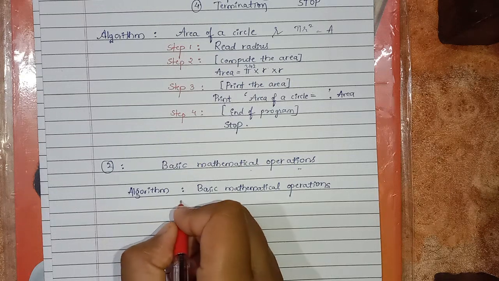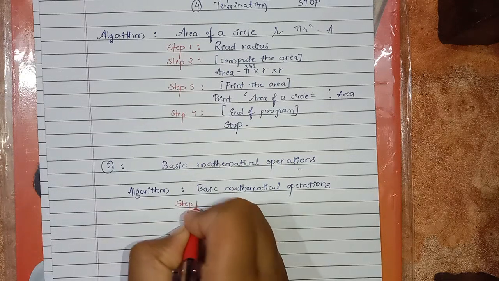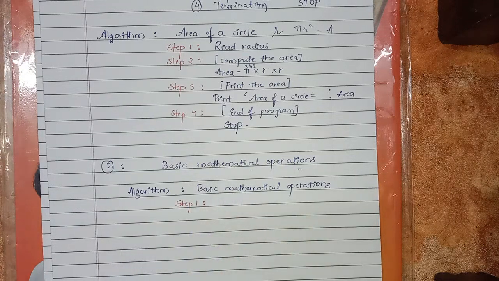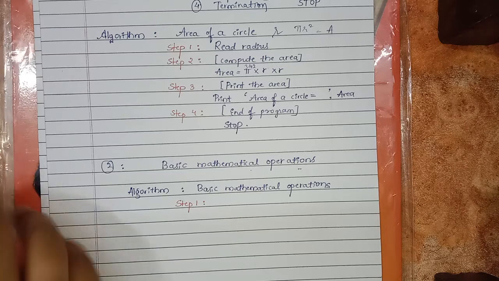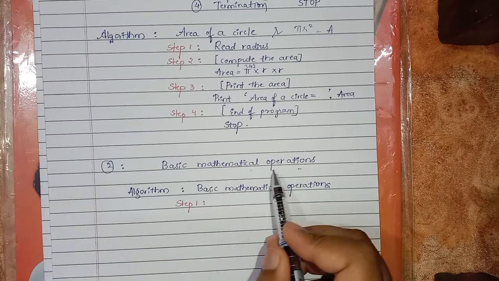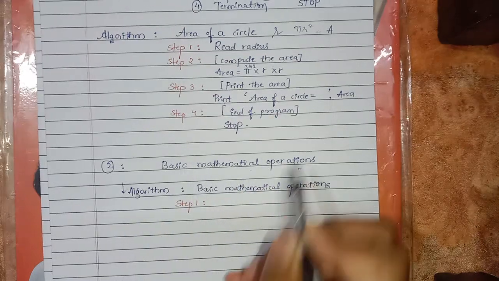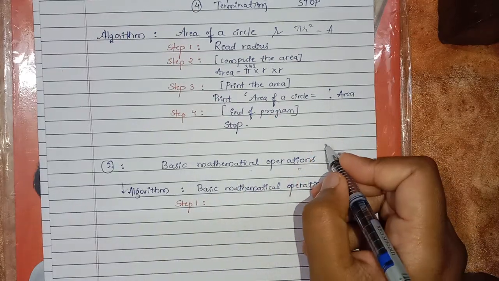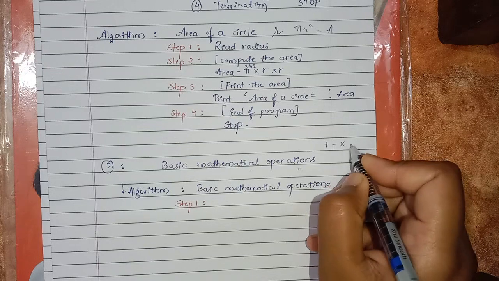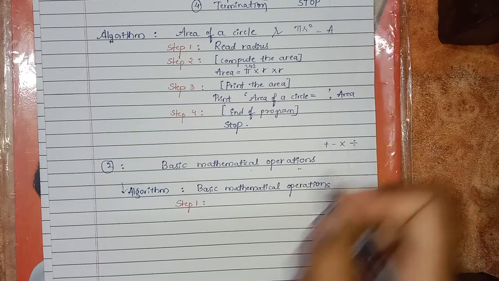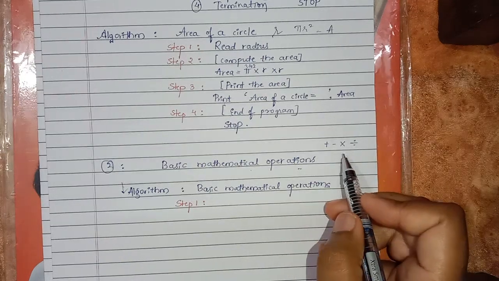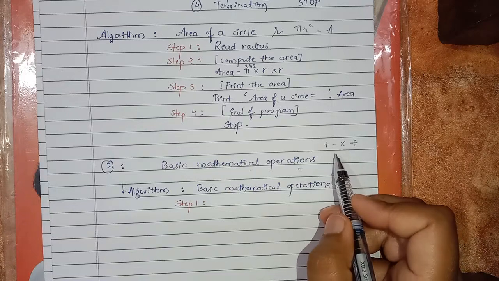First step. What is the first step? Reading. So what we should read? So what they asked here, see. So from here your algorithm started, but this is the question. They have told you to perform the operations plus, minus, multiplication and division. So to perform this operation, you should have the values also, right?